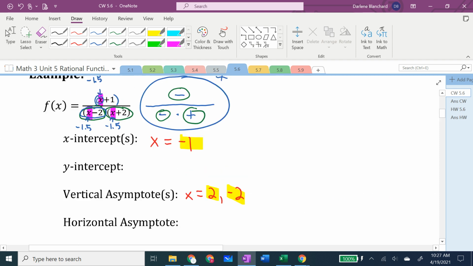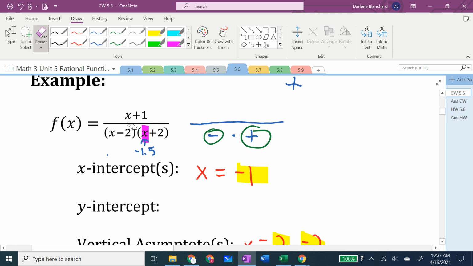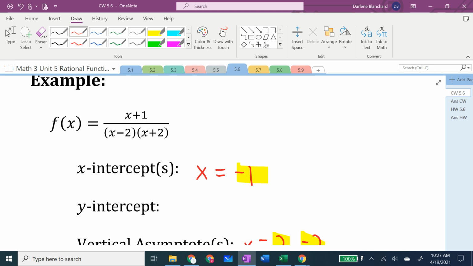So I'm going to go back up to my fraction. I'm going to erase all this stuff. And I'm going to say if x is equal to 0, 0 plus 1, 0 minus 2, 0 plus 2. The numerator, 0 plus 1, is positive.